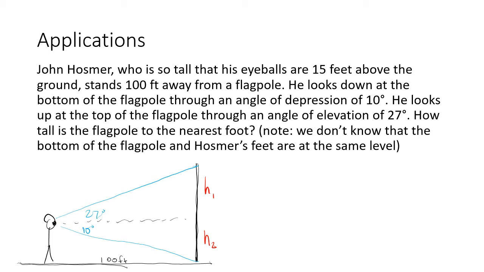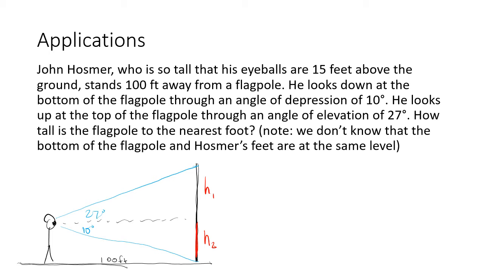By the way, if you didn't know he was on the same level as the flagpole, you'd use something called the law of sines, but we don't have that available to us right now. So this height right here is h2. Let's solve that one first.